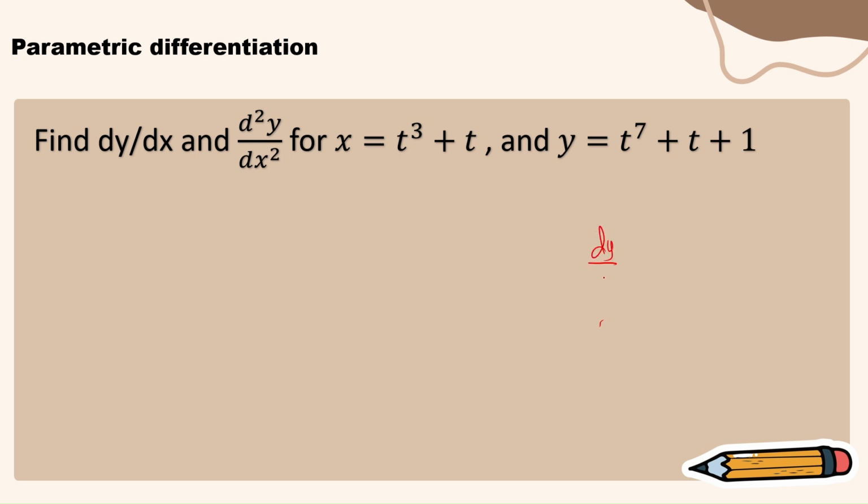So dy over dx is equal to 7t raised to 6 plus 1 over 3t squared plus 1.